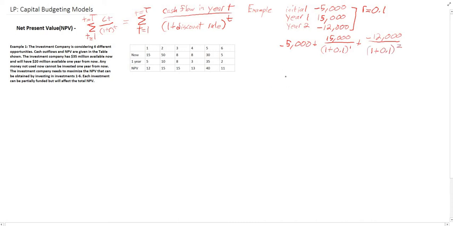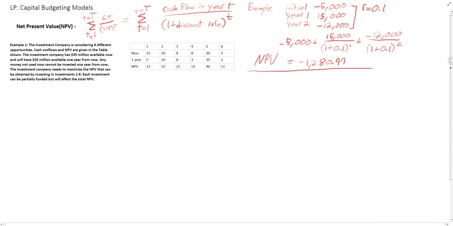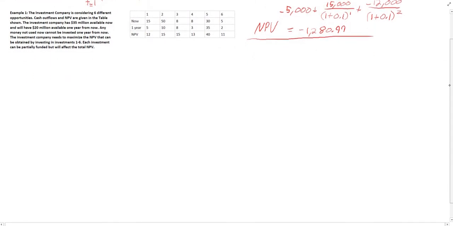Now if you plug this into your calculator, you should be able to get a net present value of 1280.99. That's just a real quick example of the net present value of this investment.